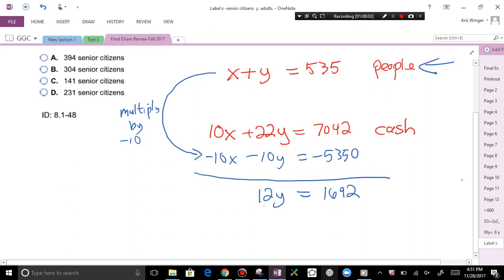I need to solve for Y, divide both sides by 12. Y is 141, and oh my goodness, of course that choice is there.